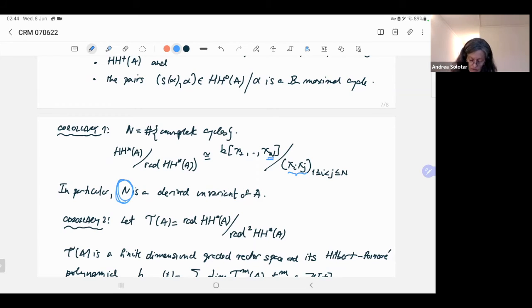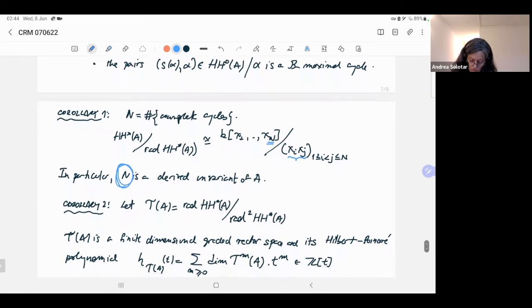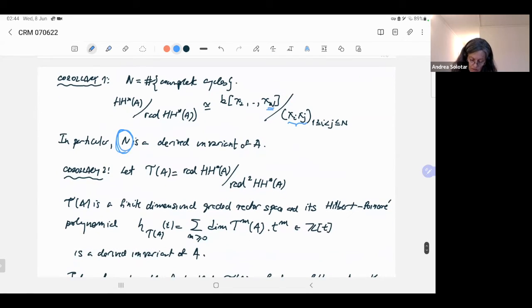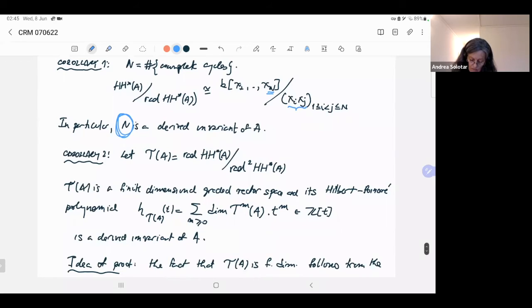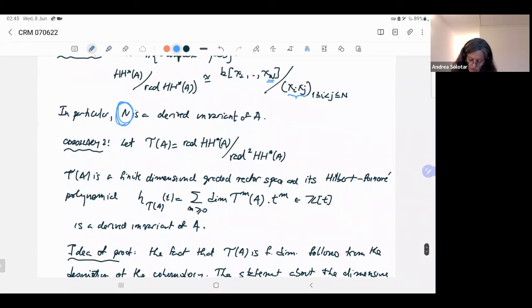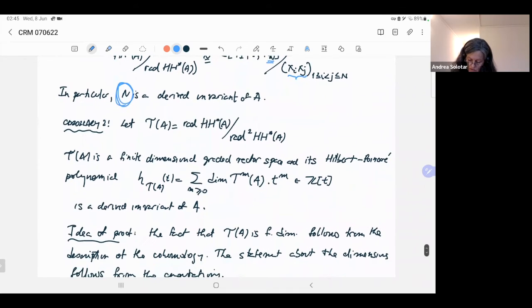This mostly uses the structure of the Hochschild cohomology in degree 0, but if we want to obtain more invariants that are really cohomological invariants, then we have to consider this finite dimensional graded vector space, the radical quotient, the radical square. We consider its Hilbert-Poincaré polynomial, defined as usual like this.